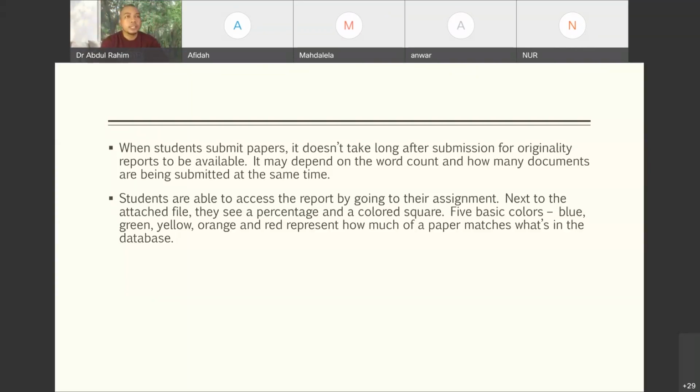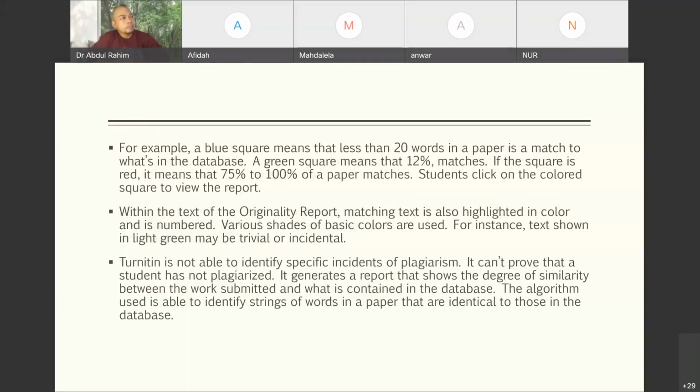Okay, we can download it later. Next, for example, a blue square means that less than 20 words in the paper match what's in the database, so they will put the blue line. A green square means a 12% match.